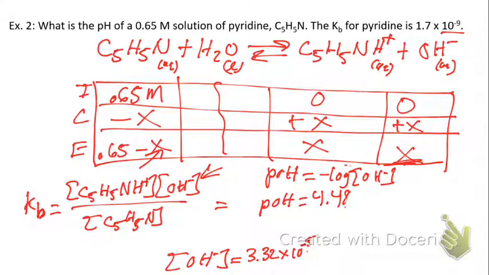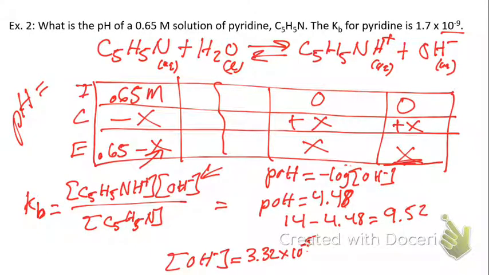So that is the pOH, and now we can take 14 minus 4.48, and that should give us our pH of 9.52. So the pH for this particular solution is 9.52.